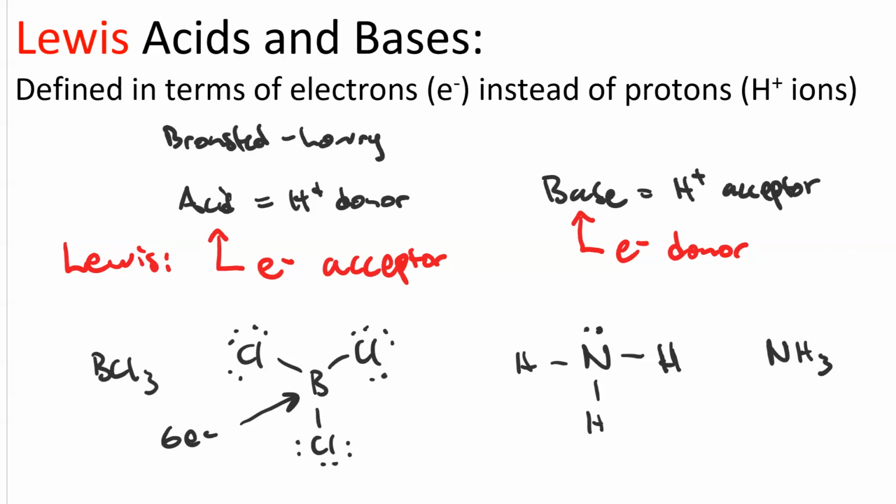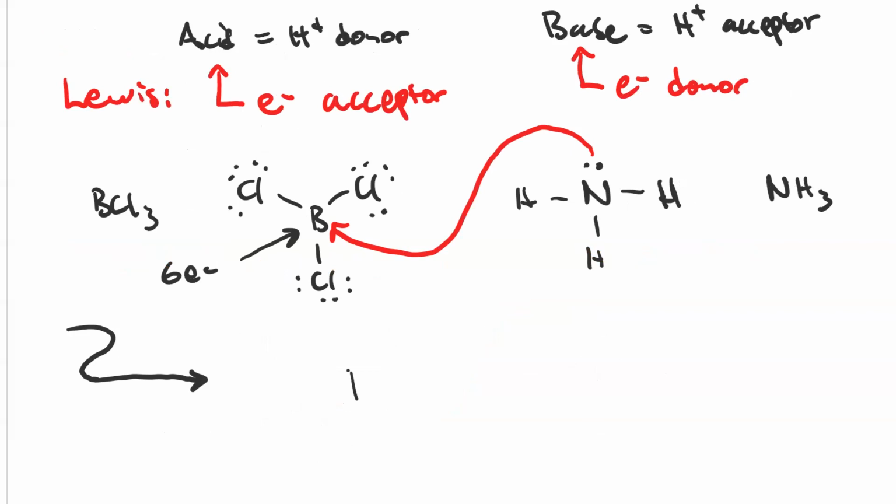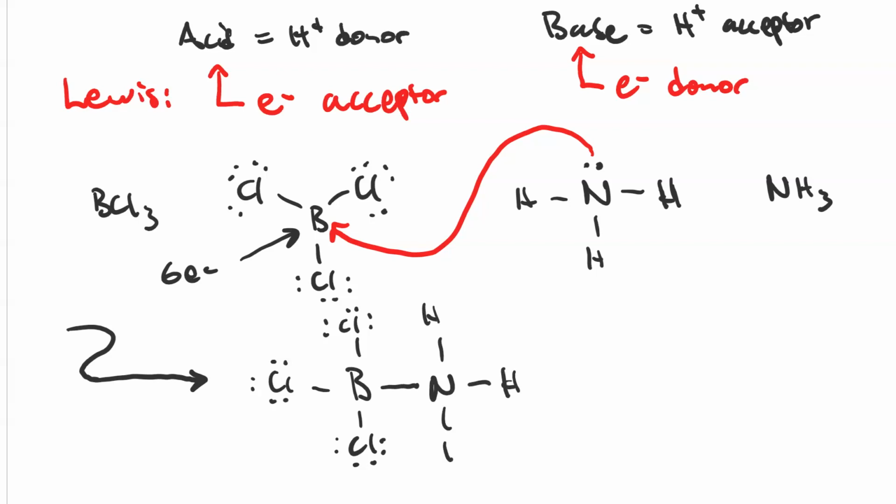And in the Lewis acid-base reaction of these two things, this pair of electrons on NH3 becomes a sigma bond to the boron. And the result of this is an adduct, where the boron has a negative formal charge now, and the nitrogen has a positive formal charge.